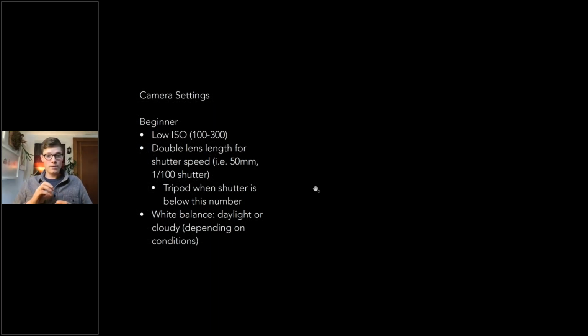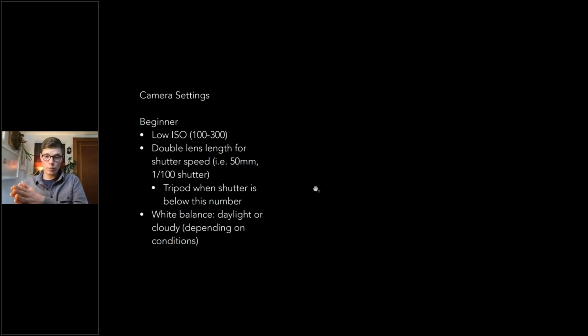The quick rule of thumb to make sure that you have a crisp image if you're shooting by hand without a tripod is to double the length of your lens. So for instance, if you have a 50 millimeter, okay, 100, and that's the fraction of your shutter speed. If I'm shooting with a 50 millimeter, I need to keep the shutter speed at 1/100th or faster.